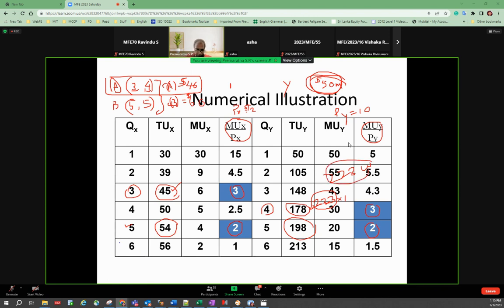But imagine if the country wants to go for higher welfare, which means 54 plus 198, which is 252 million welfare level.